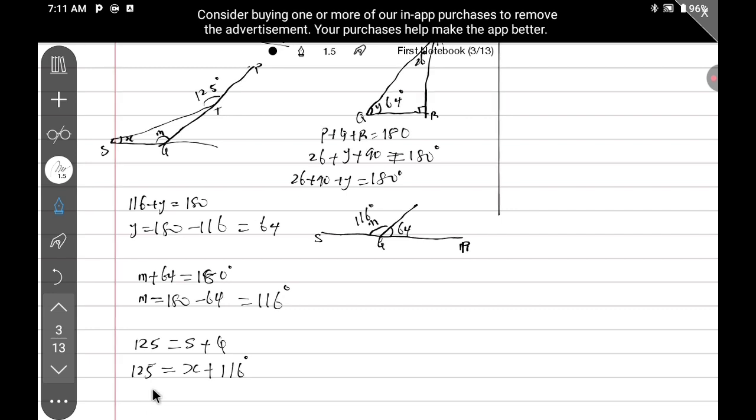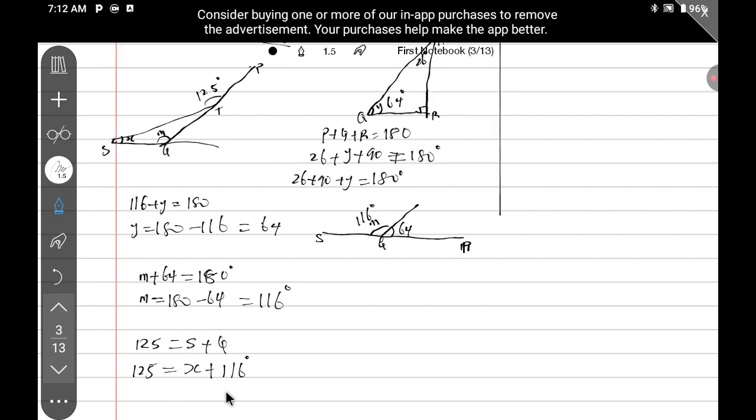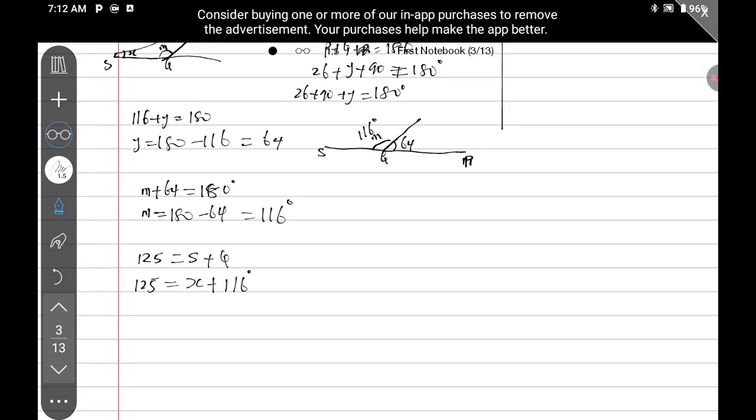So S is equal to 125 minus 116, and that gives us 9. So our angle S is equal to 9 degrees.